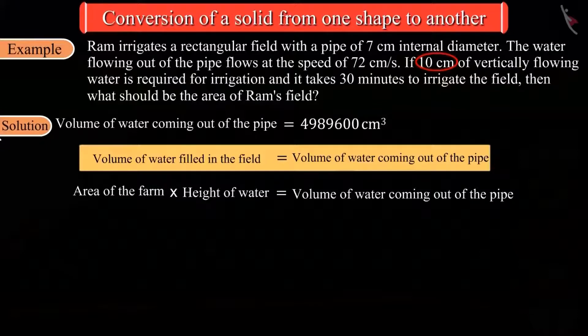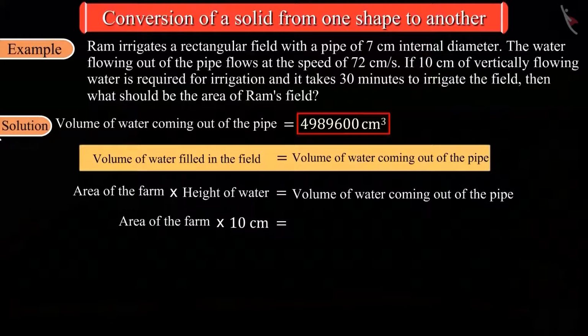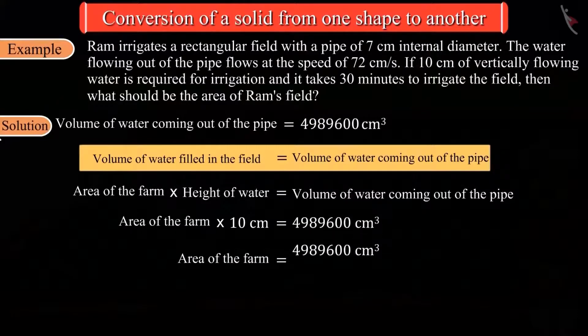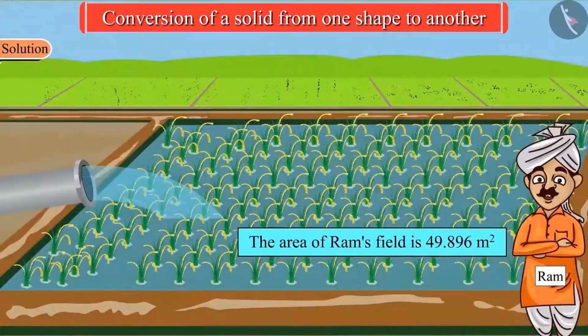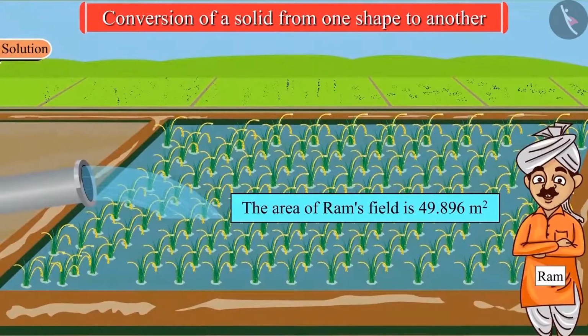We know that the height of the water is 10 centimeters as given in the question, and we have already found the volume of the water coming out of the pipe. Replacing all the values in the formula and solving further, we get the area of the field. So, the area of Ram's field is 49.896 square meters.